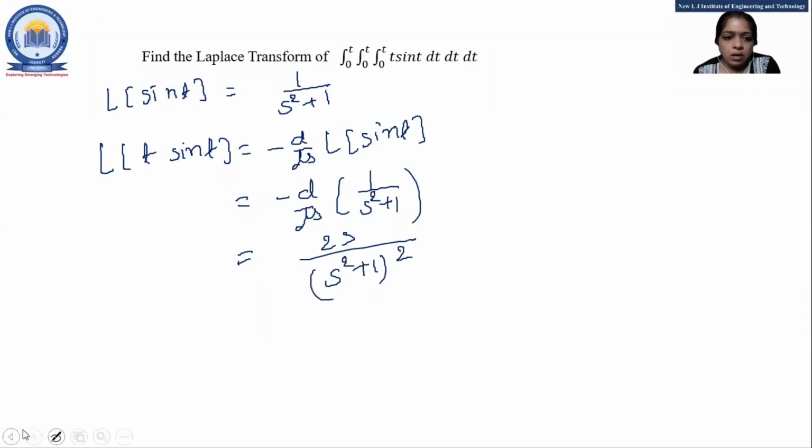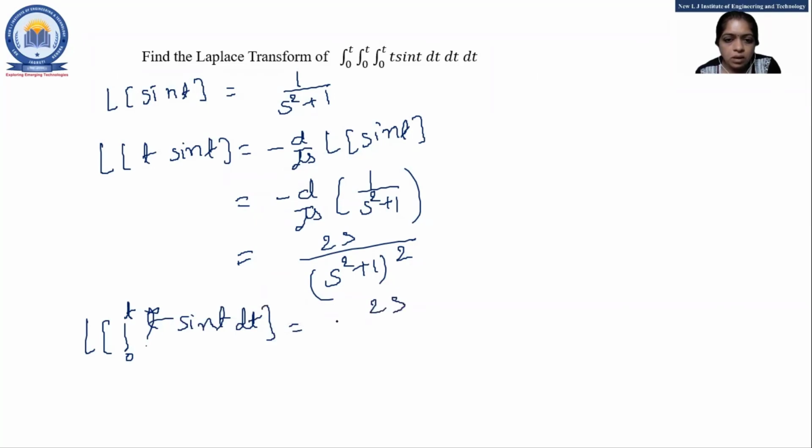Now Laplace of integral 0 to t of t sine t dt, that is 2s, here 1 by s, here s square plus 1 the whole square. So this s is cancelled, right?